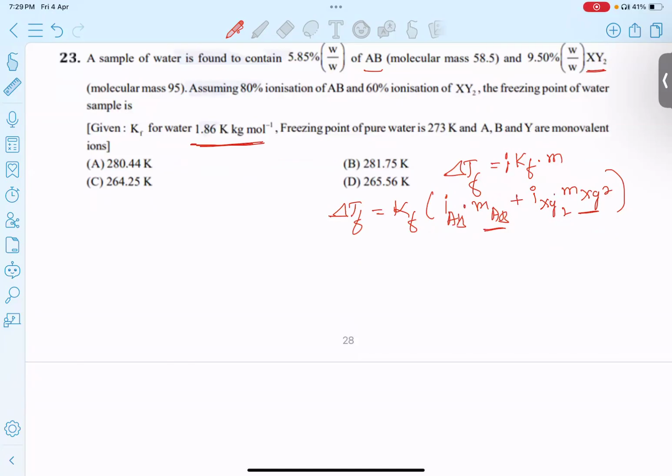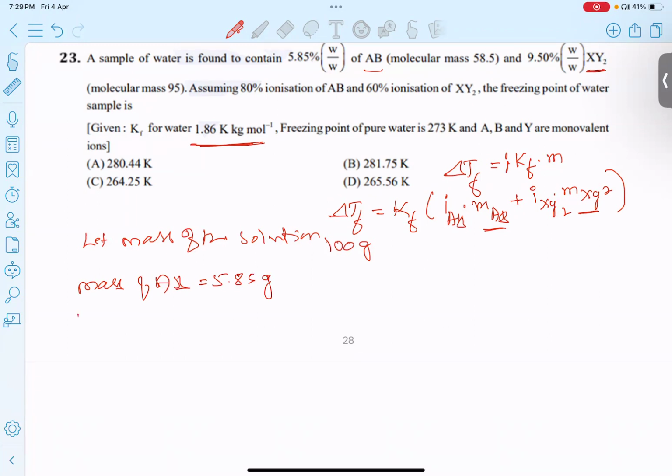First, let us assume the mass of the solution is 100 gram. Mass of AB is given as 5.85%, so straight away write it as 5.85 gram.